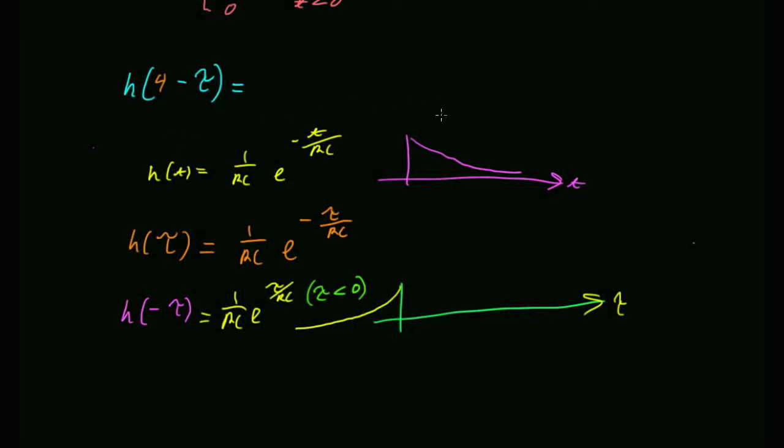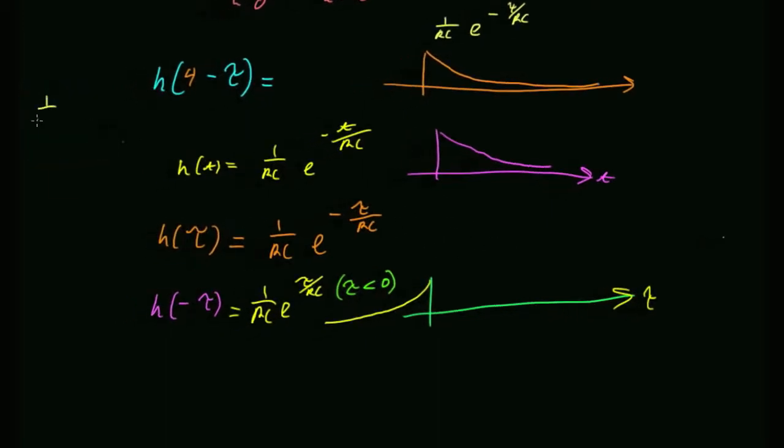If it's 1 over RC e to the minus tau over RC, this function starts at tau equals 0. It starts when the numerator of that exponent is 0. So same thing here. If I've got 1 over RC e to the minus 4 minus tau over RC, what value of tau is going to make that numerator 0? 4.